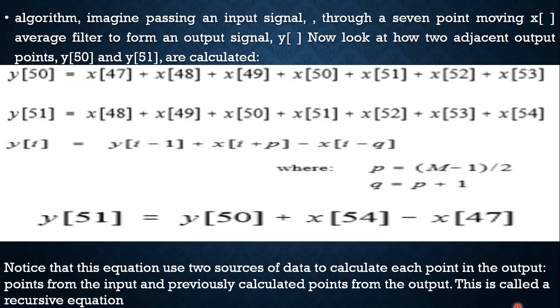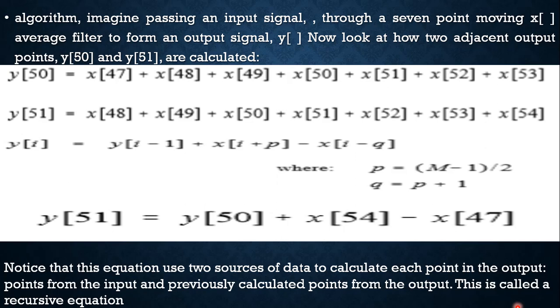M is the number of taps. Number of taps means the number of points or filters we are going to design, and q comes from p plus 1.